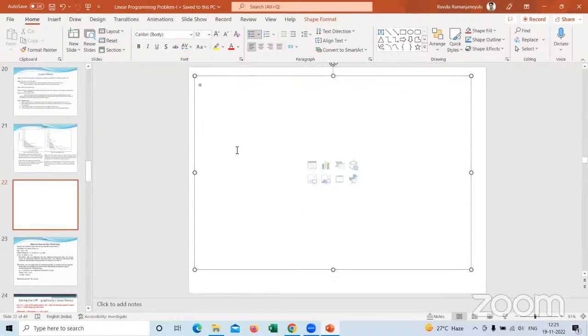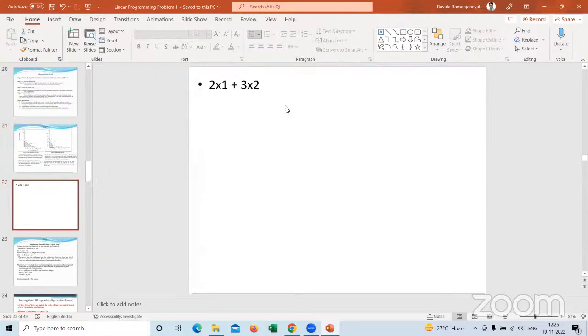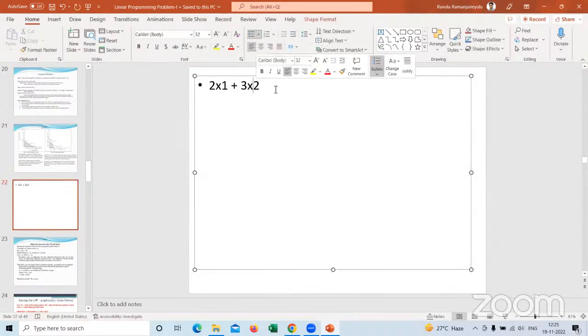Say our equation is 2x1 plus 3x2 equals to 120. This is our equation, right?